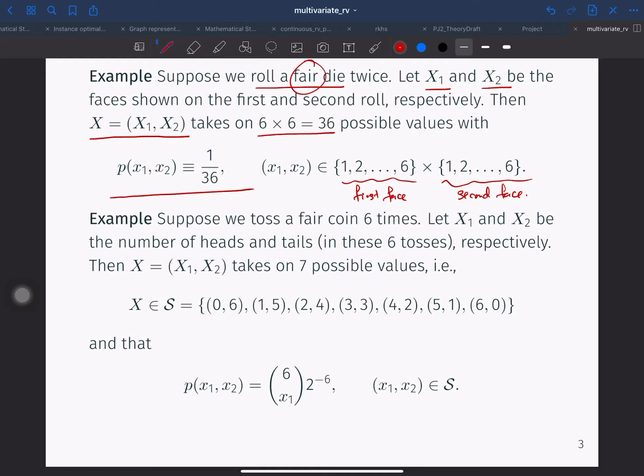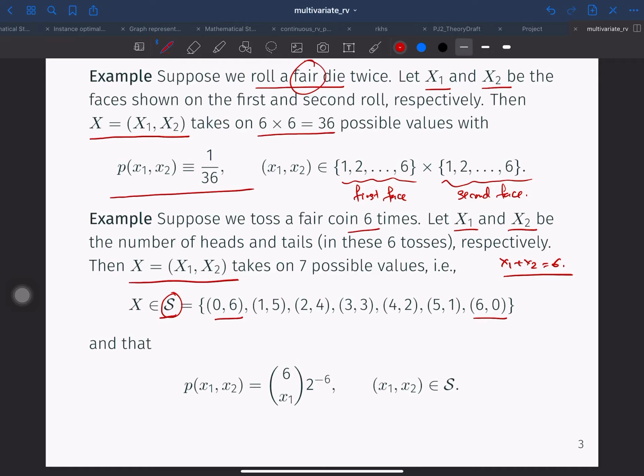All combinations equally likely. As another example, now we toss a fair coin 6 times and we let X1 and X2 be the number of heads and the number of tails. So we note that X1 plus X2 obviously has to be equal to 6. So if we let X be this bivariate random variable, then due to the condition that X1 plus X2 equals 6, we see that the set of the values of X are the 7 values from (0, 6) all the way up to (6, 0).